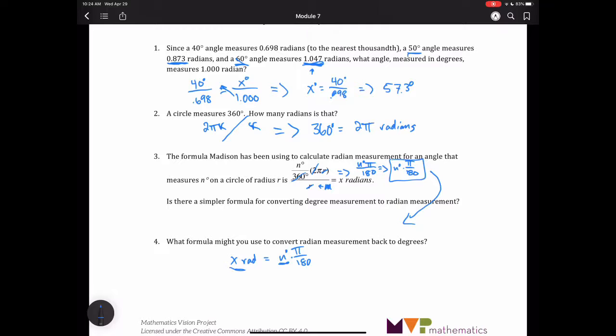All I need to do is get n by itself, so I'm going to multiply by the reciprocal, and I'm going to do that to both sides. So in order to go from radians to degrees, I can just use 180 over pi times my radians. Okay, so simplified one more step, just easier to look at.